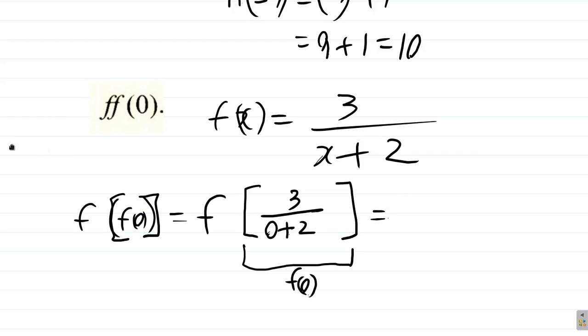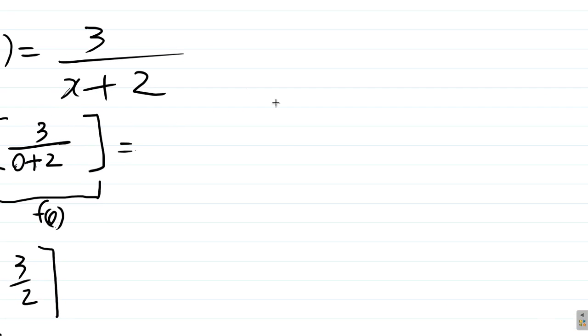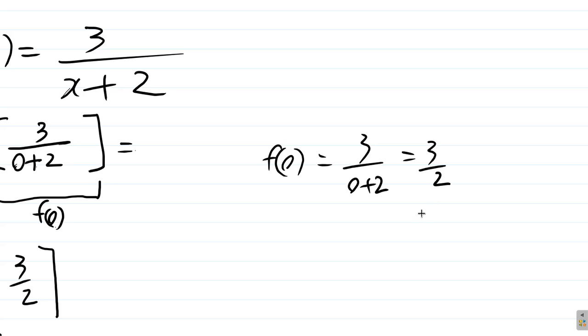So, let's write it down here. What will f of 0 be? 3 divided by 2. So the f of 0 part is 3 divided by 2. Now I could do it separately and say f of 0 is 3 over 0 plus 2, which is 3 over 2. See that?